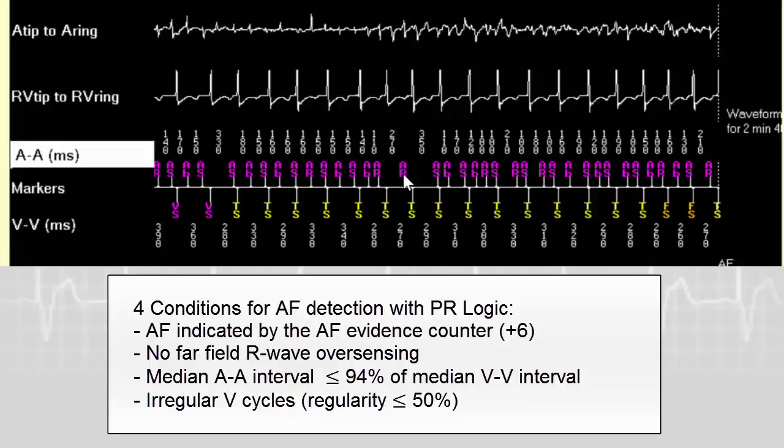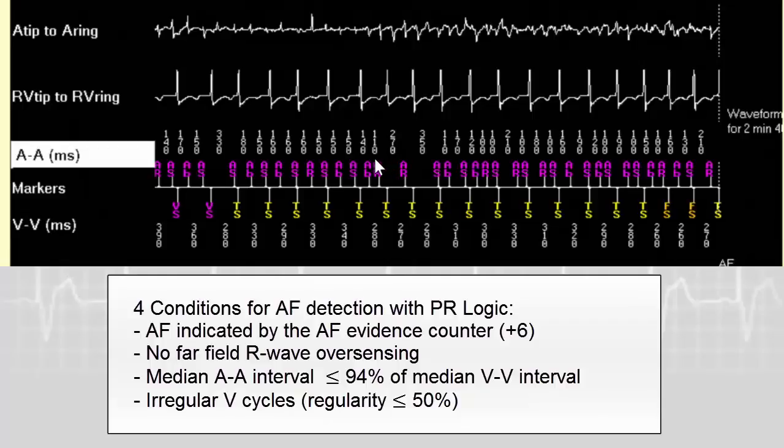The AF evidence counter needs to be of more than 6 at the time of the diagnosis, and this counter increases by 1 every time 2 atrial events or more are observed between 2 ventricles. Like here, if between 2 ventricles there are at least 2 atrial events, then the counter increases by 1, and there is a possible diagnosis of atrial fibrillation if at the time of the diagnosis this counter is at least at 6.